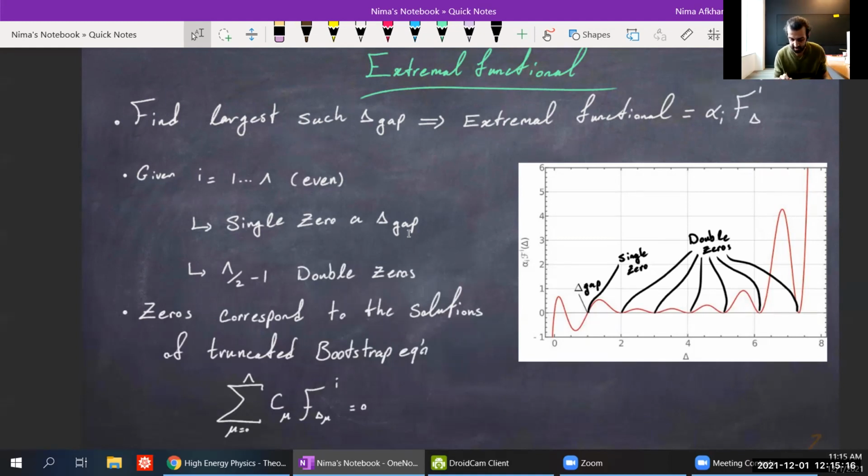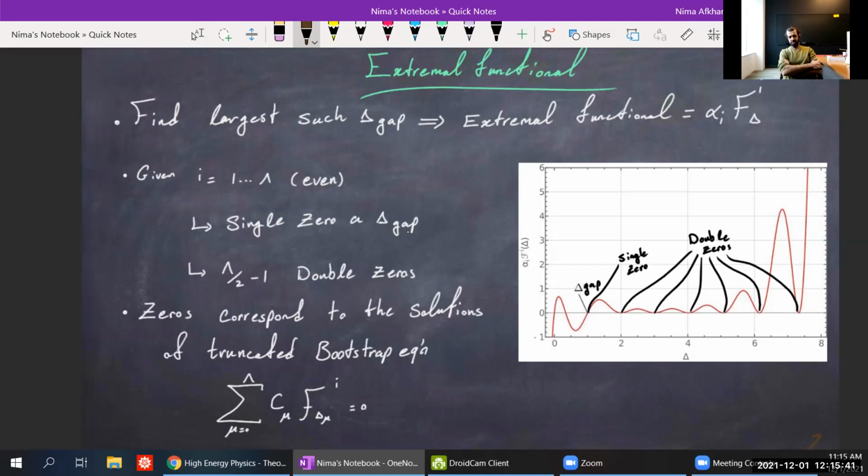You can see there's a single zero at the delta gap, and there's a bunch of other double zeros, double roots. And what you find is that the positions of these roots correspond to the solutions to the truncated bootstrap equations. And we will show why this is the case. But this is just an observation for now.